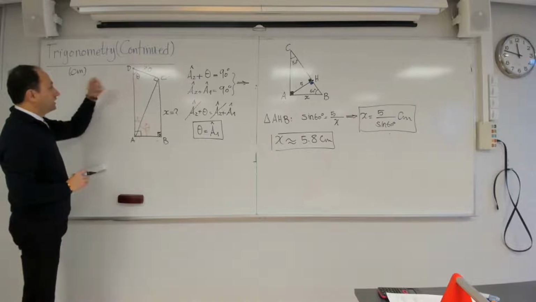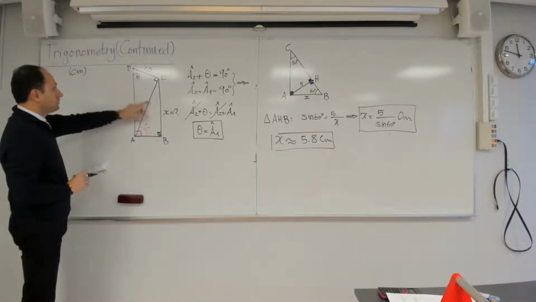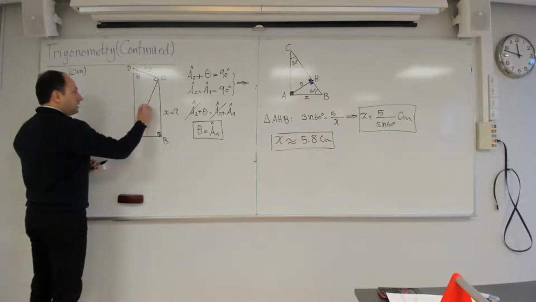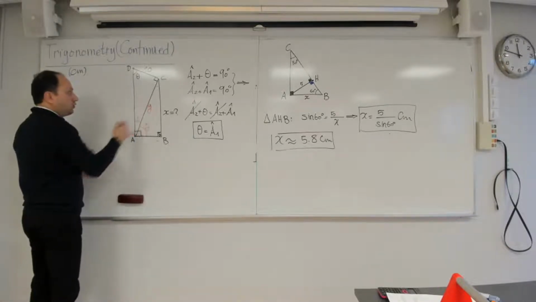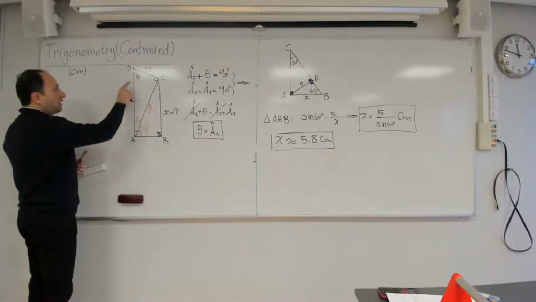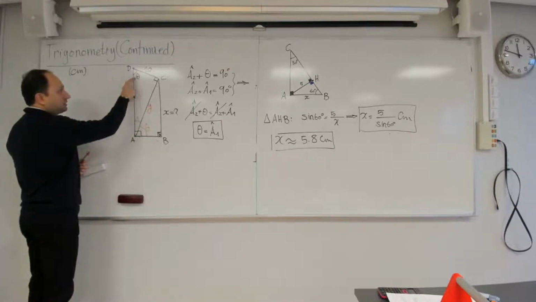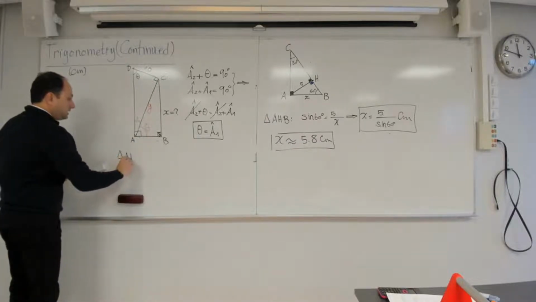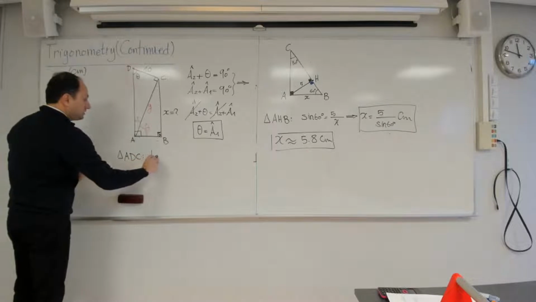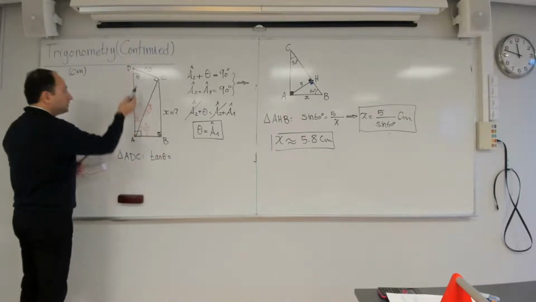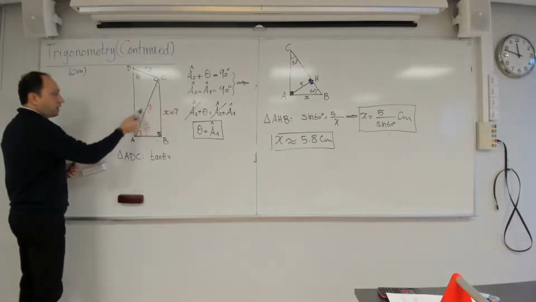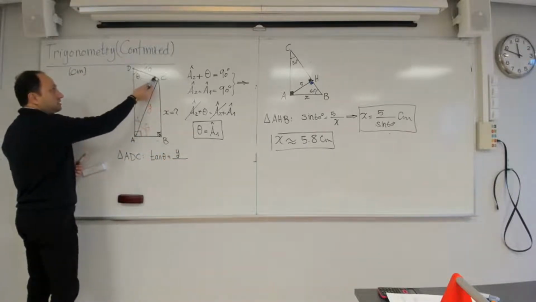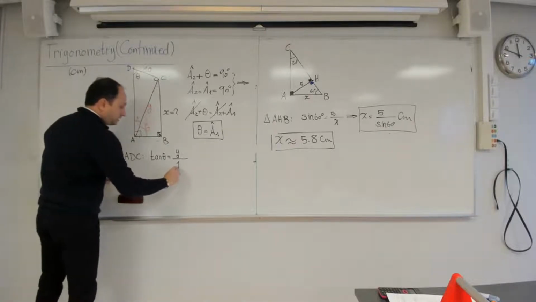Now I will go here and try to find this length. Let me call this one y. I know that tangent of theta is the opposite side over the adjacent. So in triangle ADC, tangent of theta is equal to the opposite side, which is y, divided by the adjacent side, which is 10.